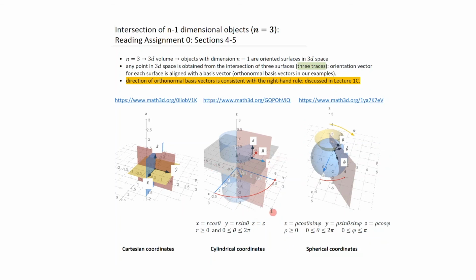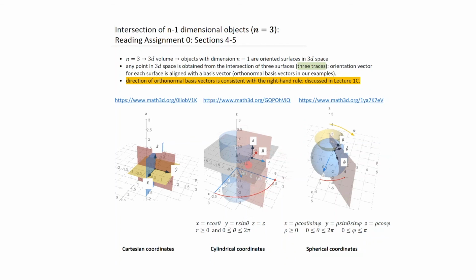The other case would be if we hold r fixed at some specific value, then what we're mapping out is a circle. Theta can go from 0 to 2 pi, and z can be any value you want, so it's an infinitely long cylinder. So that's how we create these three different surfaces.